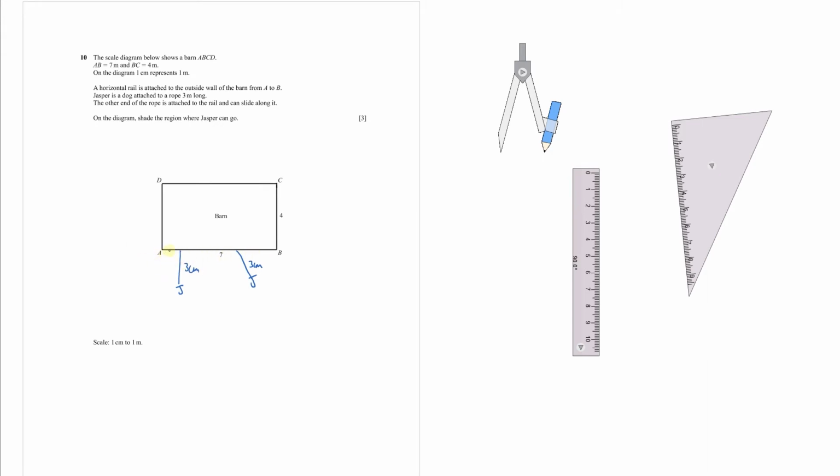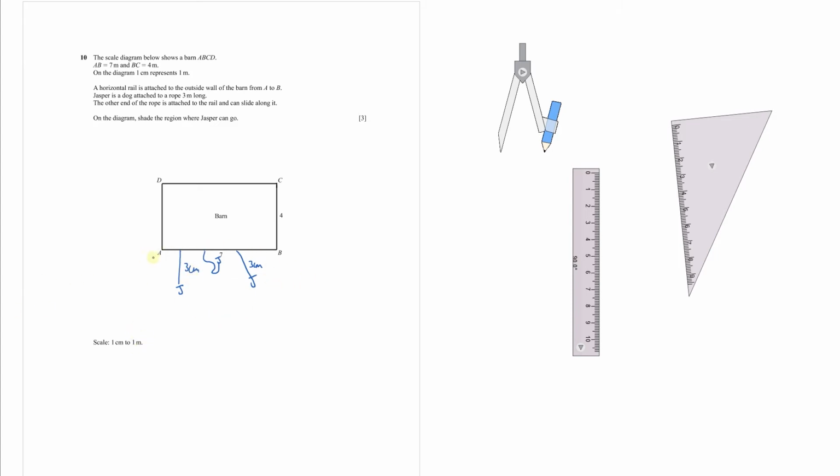So that means Jasper can be anywhere between 0 and 3 centimeters from this wall AB. It can be right at this point where the rope is just like this, and the rope is still 3 meters long, and Jasper could be here as well. So the maximum distance the dog can move away from the wall is 3 centimeters or 3 meters in the real world.